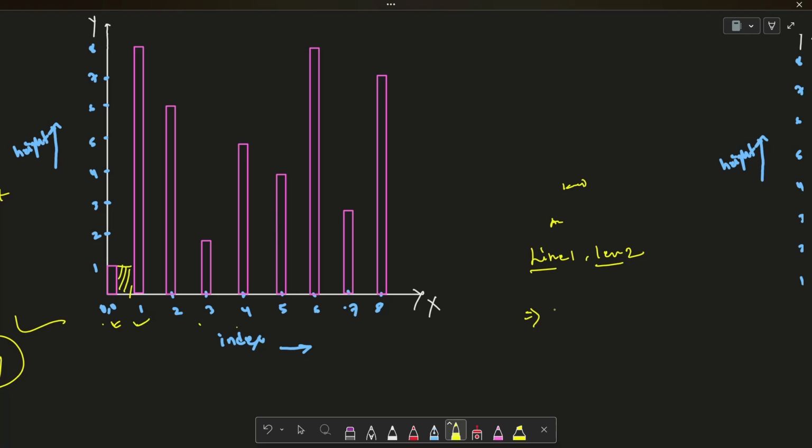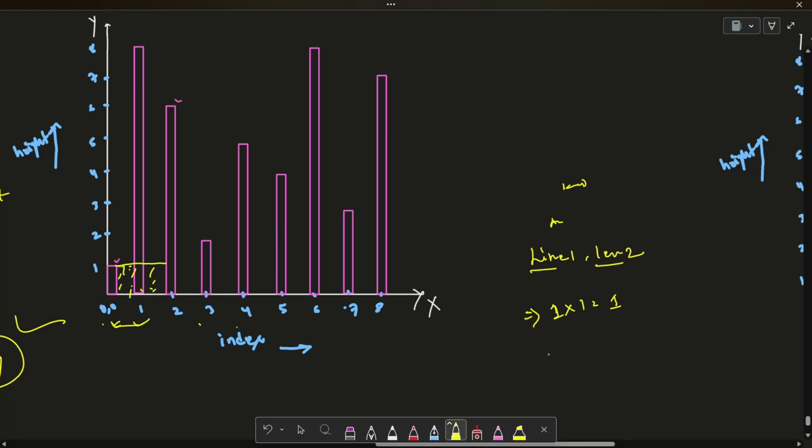The height 1, the width 1, the water amount it will contain is 1. This is over. Now we will compare the first line with the second one. If we compare the first and second, again how much water will it hold? This much water, right?